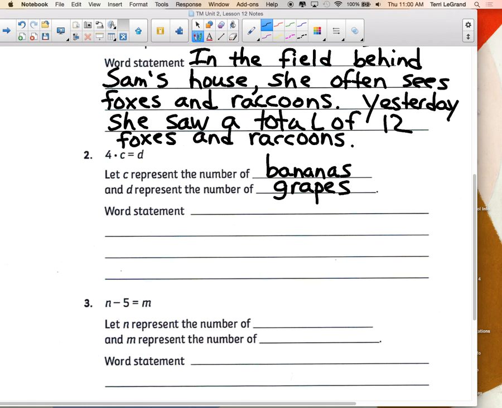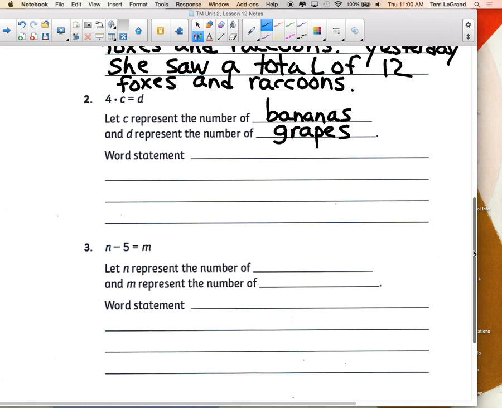Harley, you think you can do this? Okay. There are 4 times more grapes than there are bananas. Okay, so up there, use your own counter.